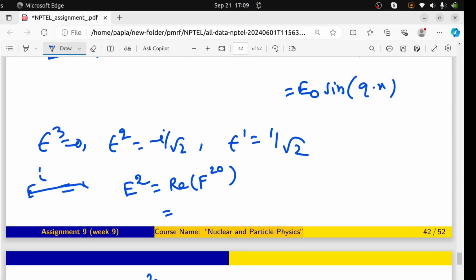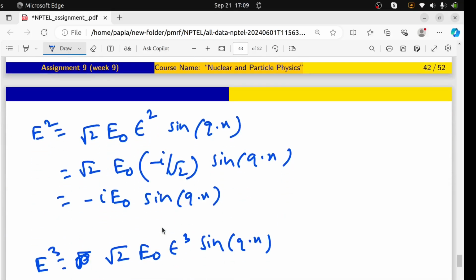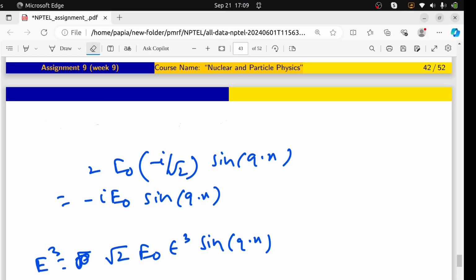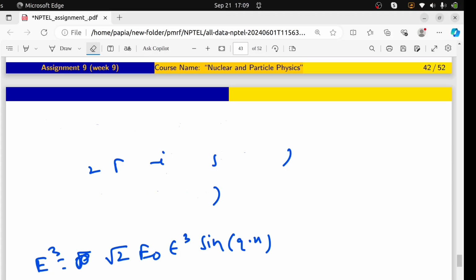So this is not the correct one earlier, because I did not see that epsilon 2 is an imaginary one. So the answer is like whatever E1 was there.